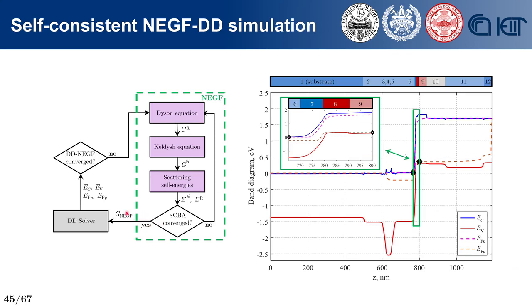So we can plug it in the drift diffusion code, and we have a sort of generalized outer loop which can talk iteratively with NEGF, and after convergence is achieved, we have the output.